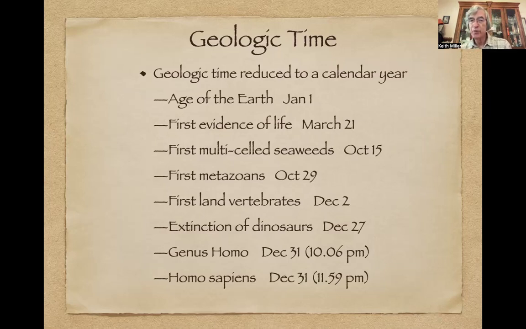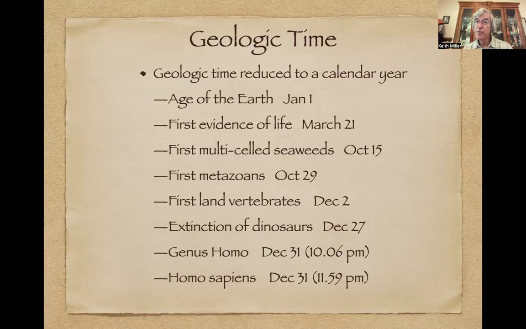The beginning of the calendar, January 1st. So the first evidence of life is March 21st. The first multicellular seaweeds are October 15. The first metazoans, the first multicellular animals, are late October, almost November, October 29th.